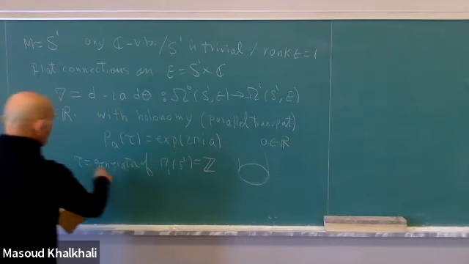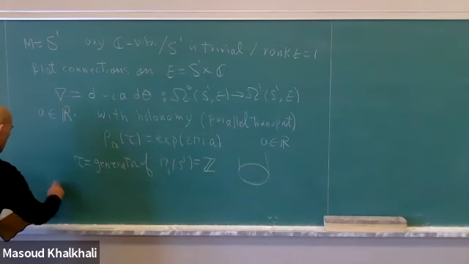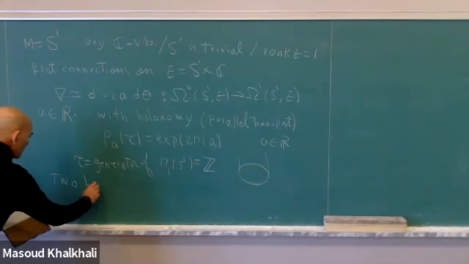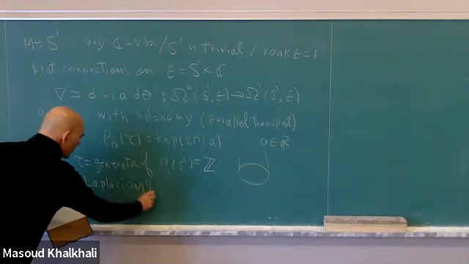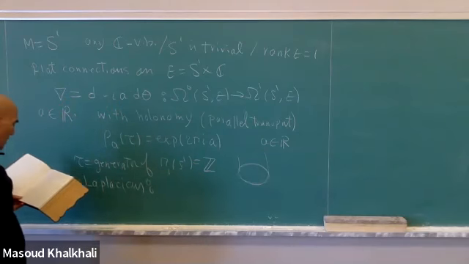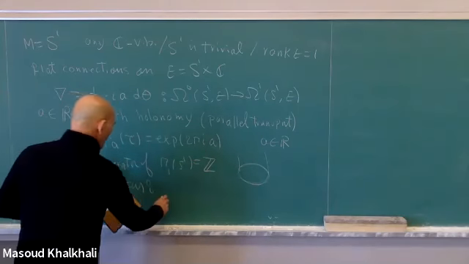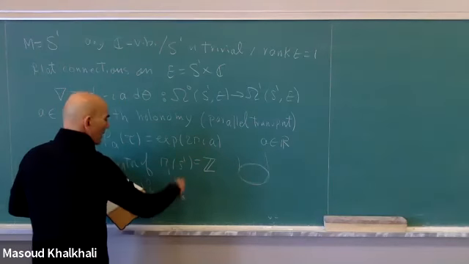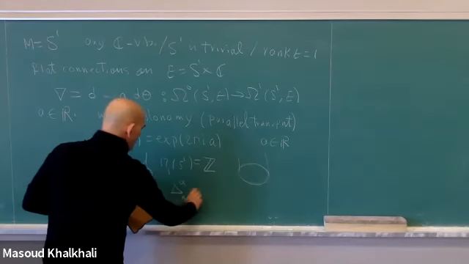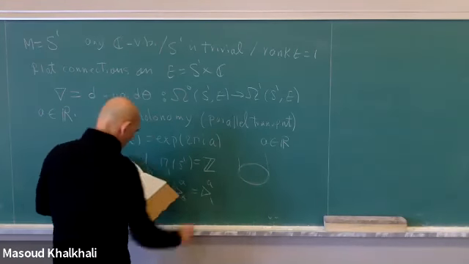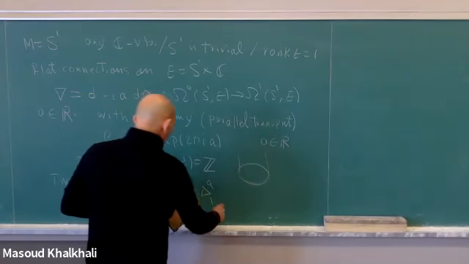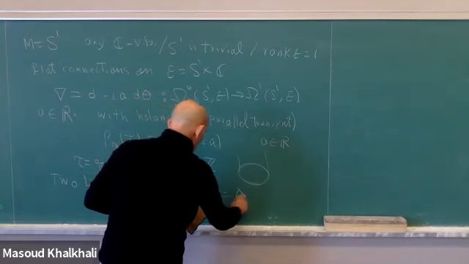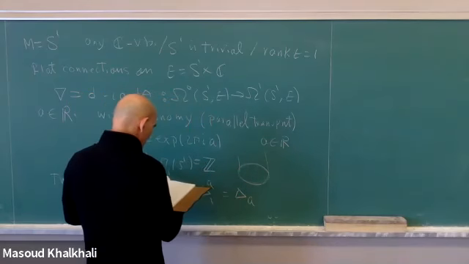So there are two Laplacians now. This Laplacian is delta 0. I denote dependence on A, delta 1 on A, so this is like, call it delta A. They're the same.